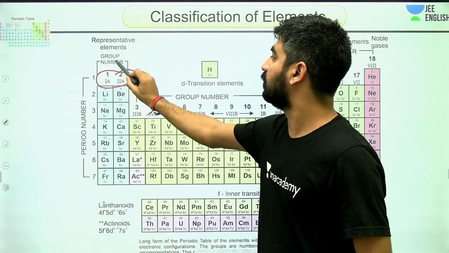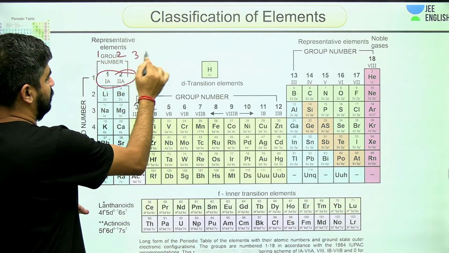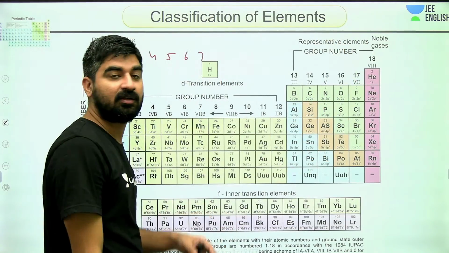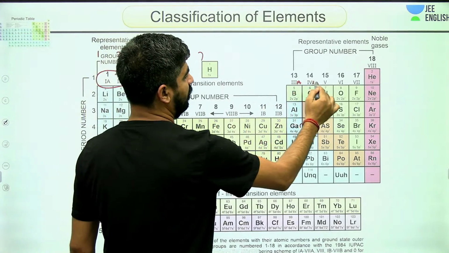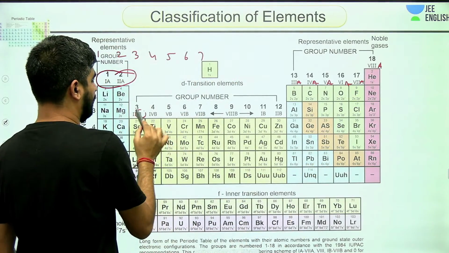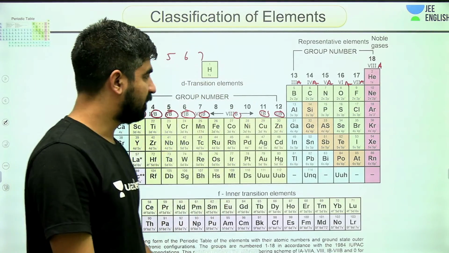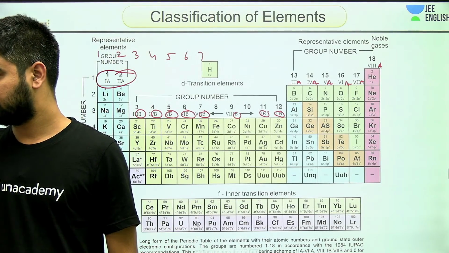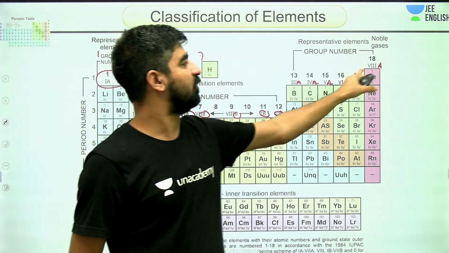1A or 2A, or 1 or 2, because now instead of A and B we generally call them 1, 2, up to 18. You know that in books it is also written as 1A, 2A, 3A, 4A, and here we call them B. So instead of A and B, now I will directly call them 1 to 18.